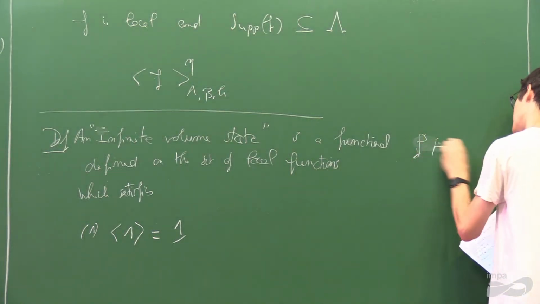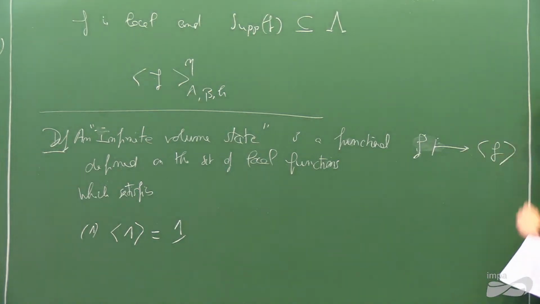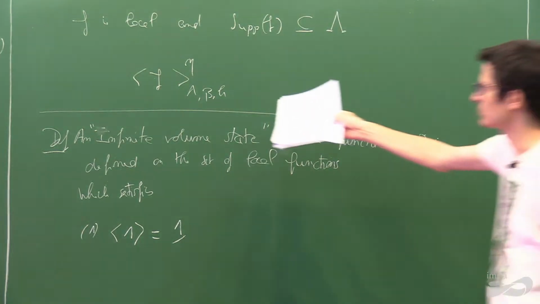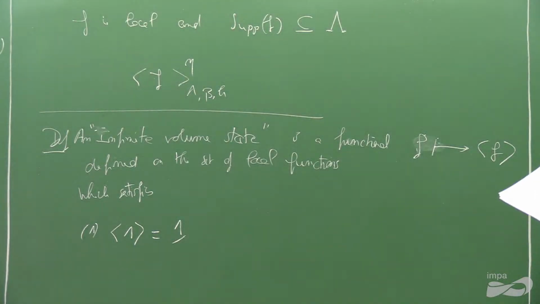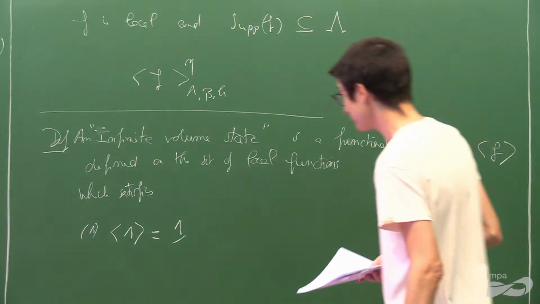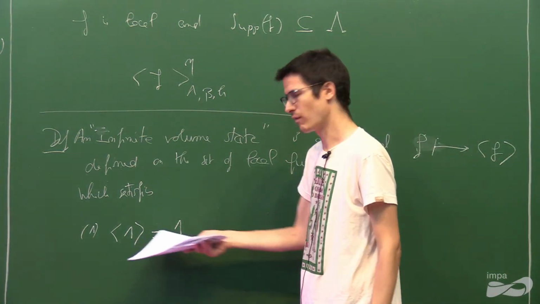So it's a functional which I define by these brackets, the same bracket that I use for expectation with respect to the Gibbs distribution. I want the bracket of 1 to be equal to 1.